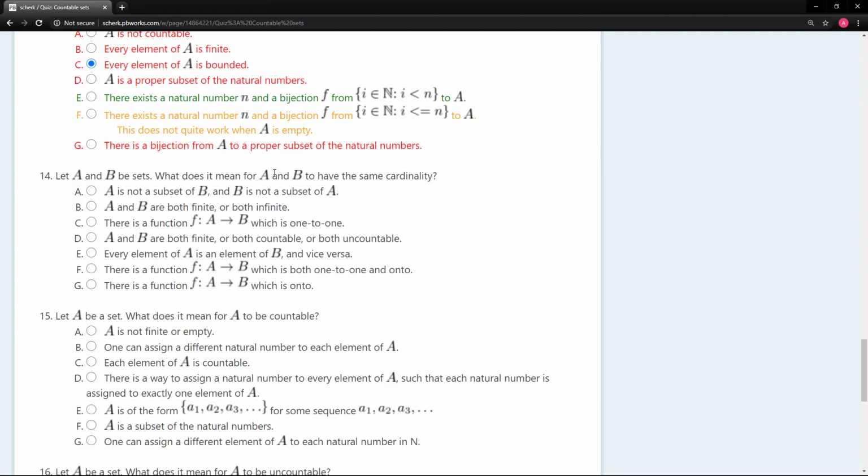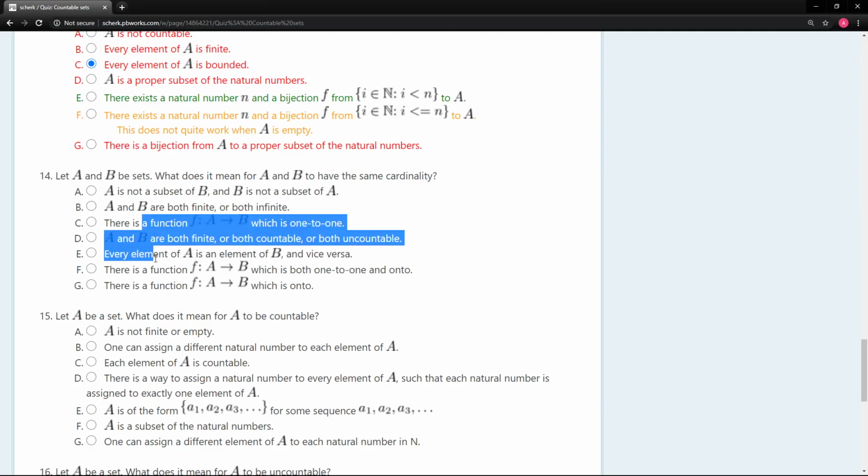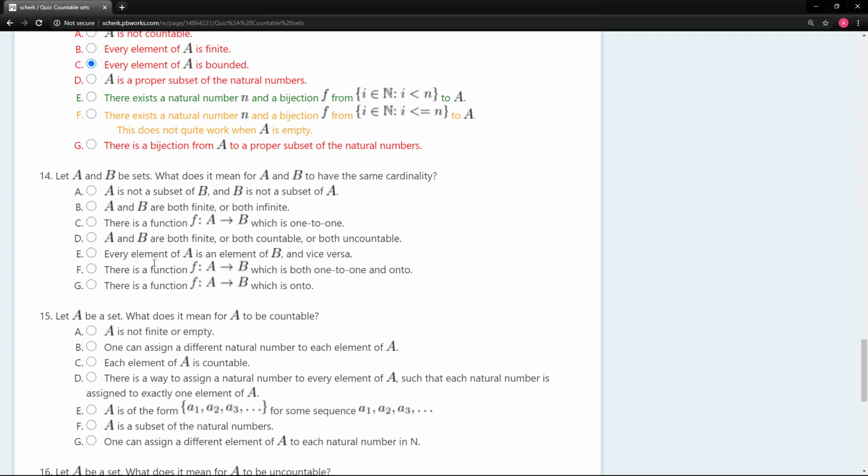When you can make a bijection between A and B, then each element over there has a respective element over here, so that they have the same number. Do we have that? There is a function which is both 1 to 1 and onto. That's like saying there's a bijection. So yeah, that's this one. Onto is not enough. It has to be injective as well.